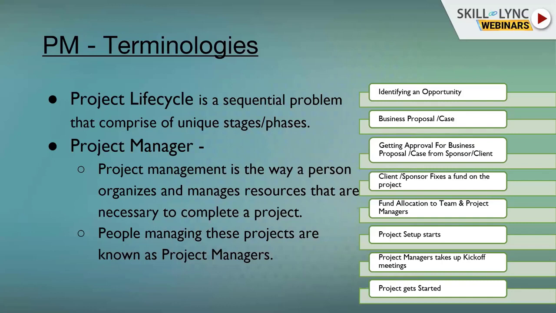So project lifecycle is nothing but a sequential process that comprises unique stages and phases. These unique stages and phases will become clearer in the coming slides. But for understanding purposes, I'll just say that the project lifecycle includes various phases, right?